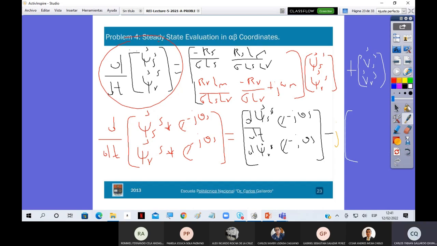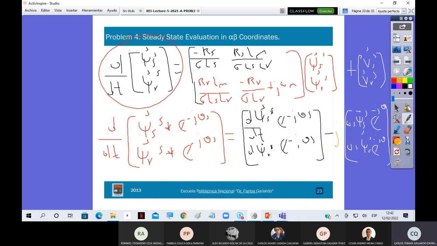Minus, I will have my second term, and my second term is, in this case, the speed times the stator flux space vector times the stator speed times the rotor flux space vector times theta s.